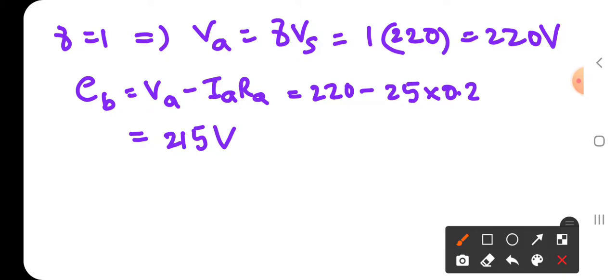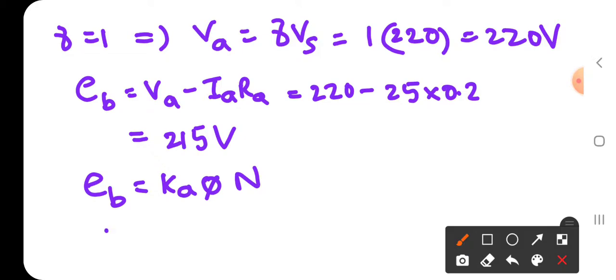And we know that EB is equal to Ka phi into N. Why have I taken N? Here he has given the Ka phi constant as 0.8 volts per RPM. As he has given the motor constant in RPM, I have directly taken speed in RPM.